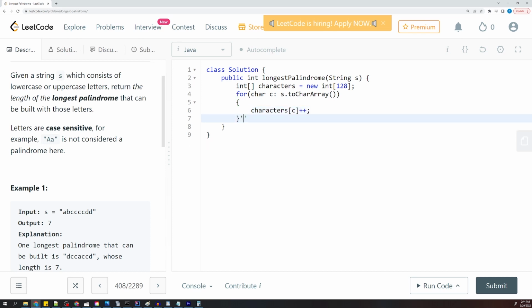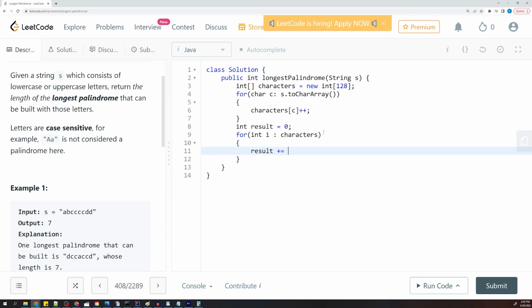And then we're going to create our result. We're just going to say int result is equal to 0, for int i in our characters, then we're going to say result plus equals i divided by 2 times 2.